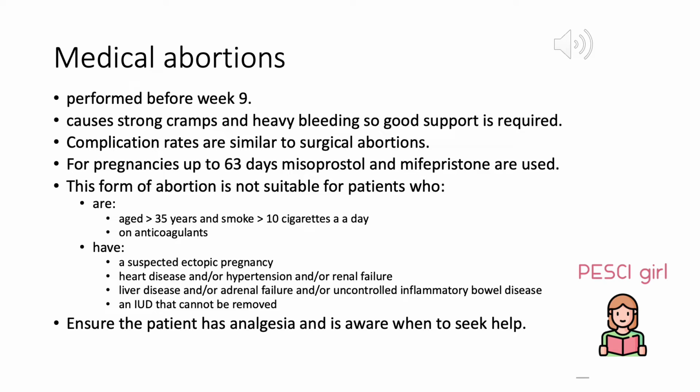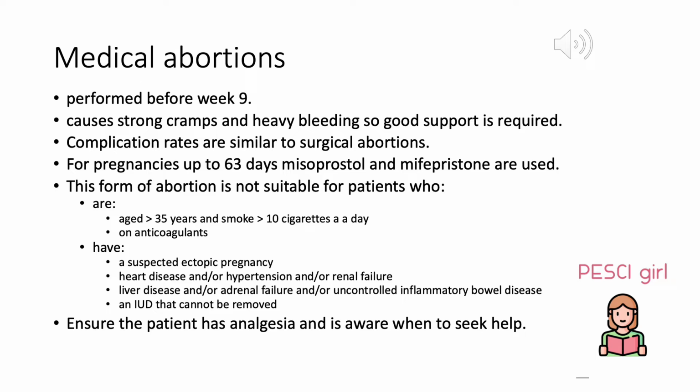For pregnancies up to 63 days, misoprostol, which is a prostaglandin analog, and mifepristone, which is a synthetic antiprogesterone, are used. The first dose, 200 mg of mifepristone, is given at the termination center or by a general practitioner.